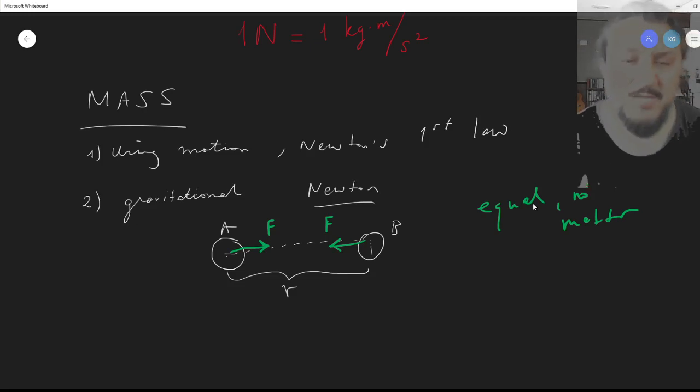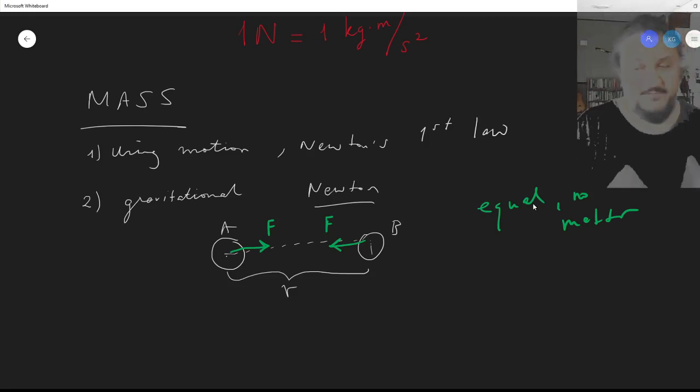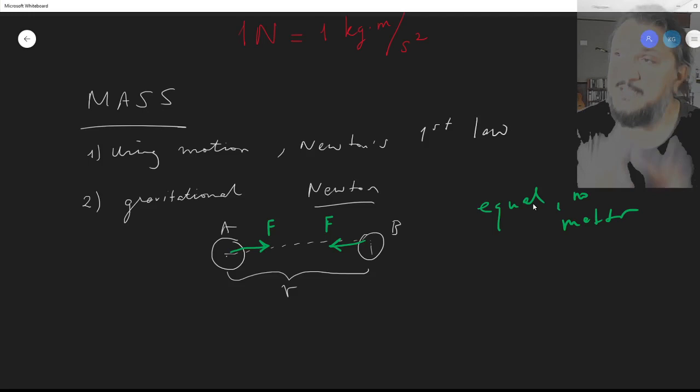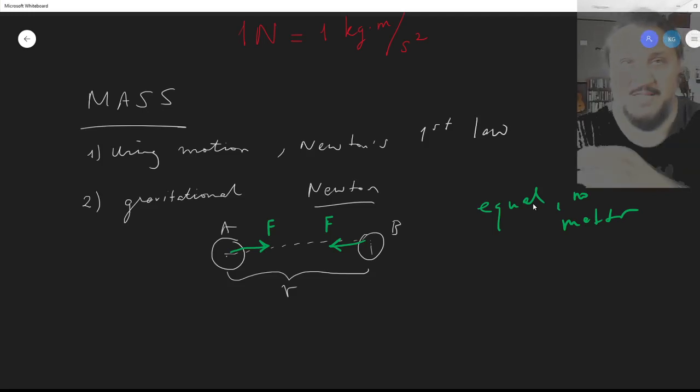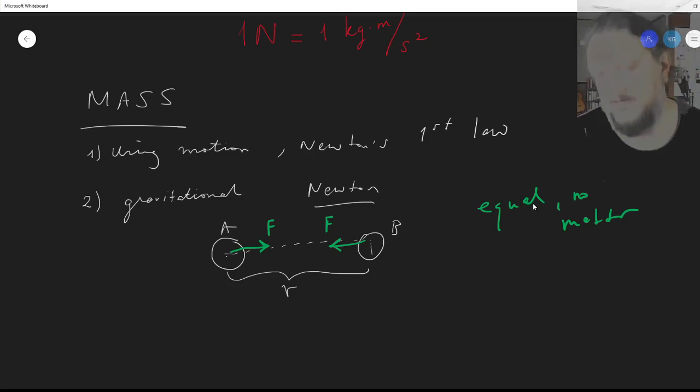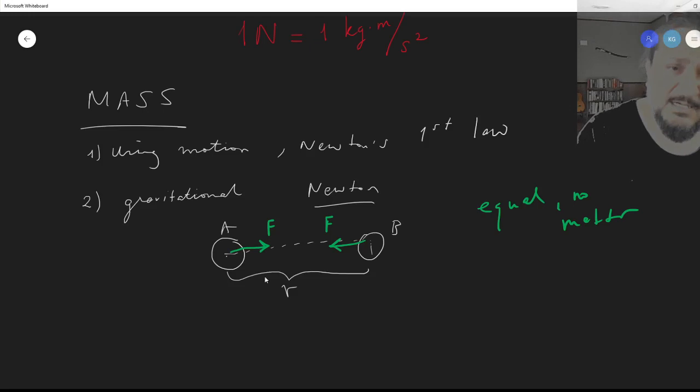So how can we come up with an expression for F, a mathematical expression? And in that expression, if I change A to B and B to A, the forces are not going to change. Okay, how can I do that? That's how you involve the mass of the two objects, MA and MB. Let these represent the mass.